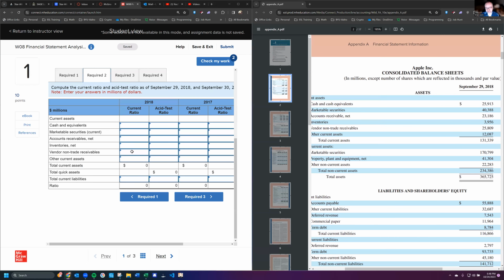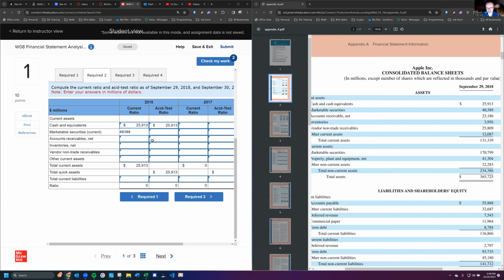Okay, so all these boxes here are what we need to fill in, right? So cash and cash equivalents, 25,913. And does that go in the asset test ratio? I think so, 25,913. And for 2018, marketable securities is 4388.